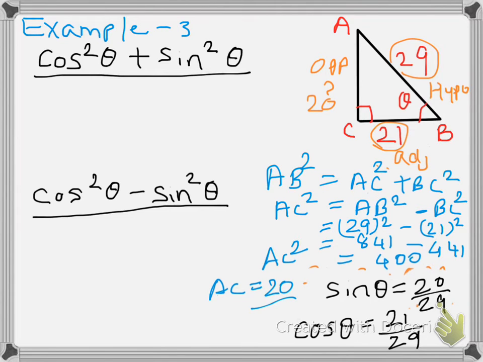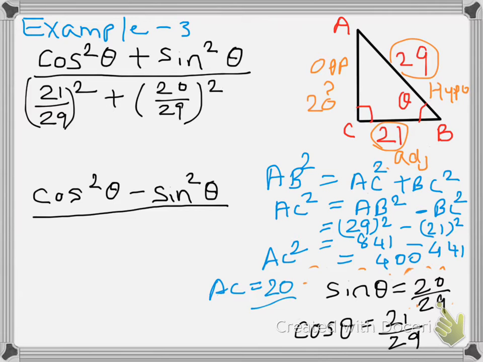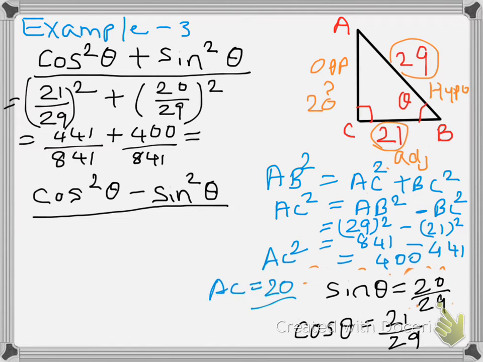So let's do that. What is cos square theta? Cos theta is 21 over 29, squared, plus sine square theta, which is 20 over 29 squared. So what is this? This is 441, because 21 square is 441 and 29 square is 841, plus 20 square is 400 and 29 square is again 841.